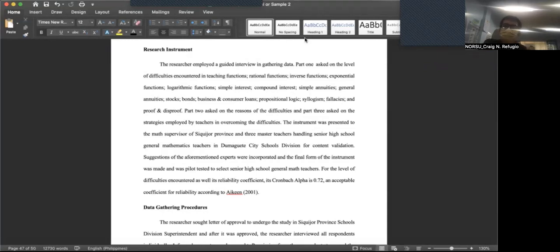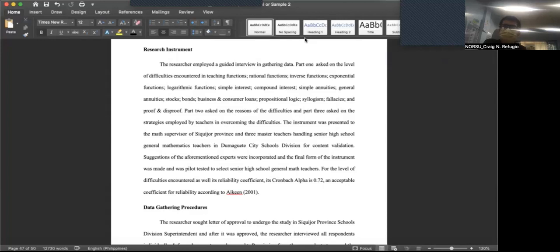Why are you going to undergo pilot testing? Because you want to look at the readability of your instrument. Is it readable to the target respondents? From our end, we believe it's readable, but we will not be the ones to answer that finally. It's the target respondents.